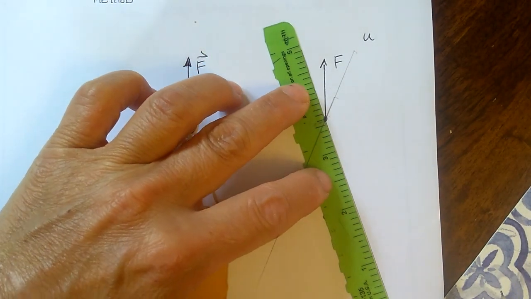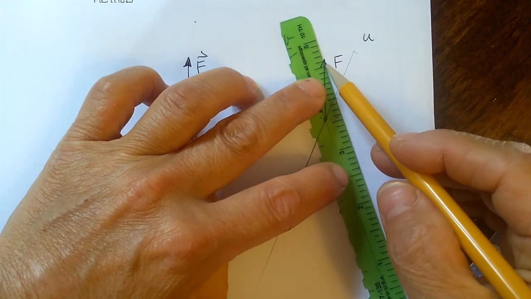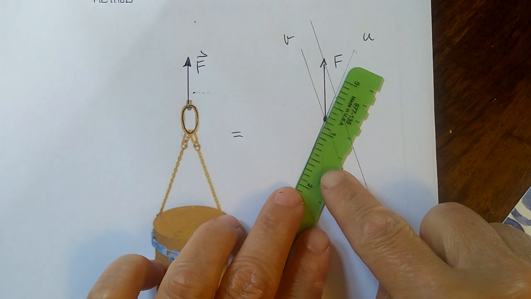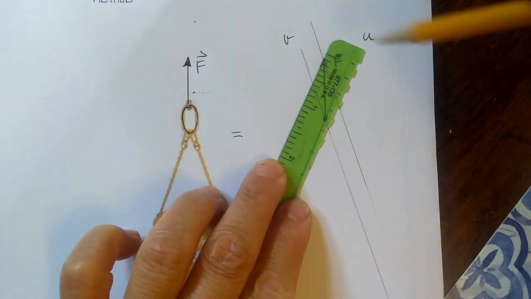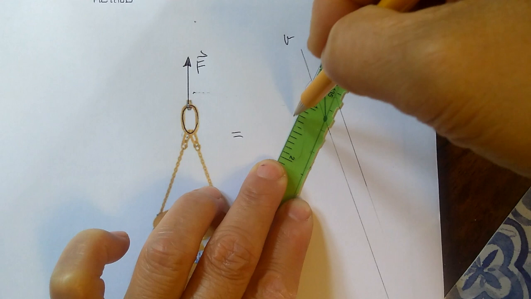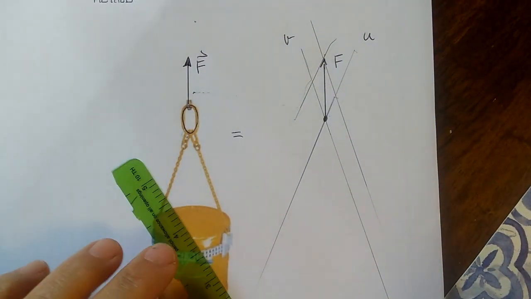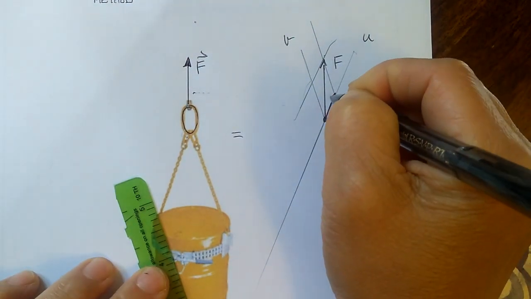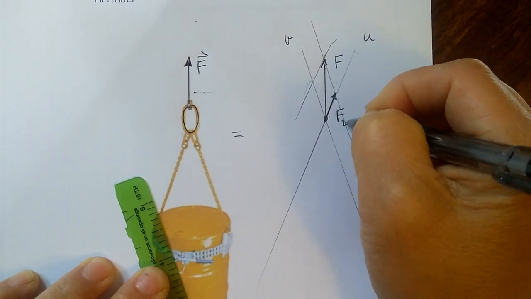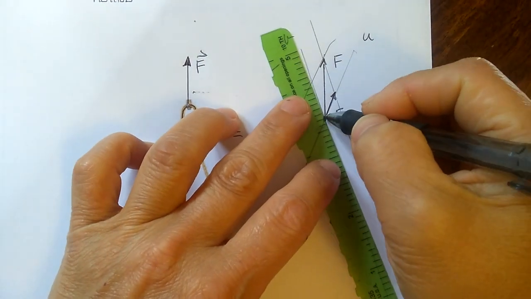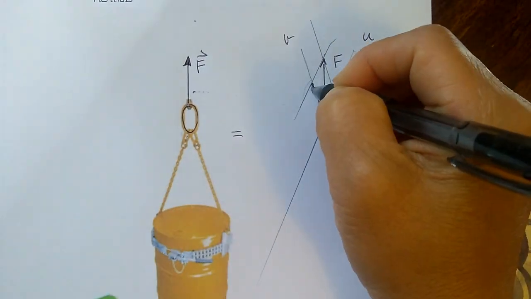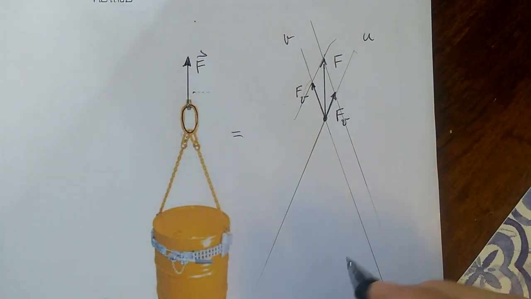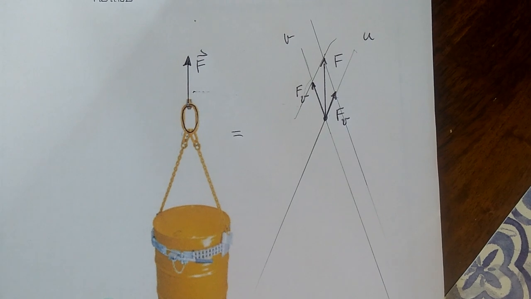We draw a parallelogram such that it's parallel to the V axis, and we draw another side that's parallel to the U axis, and it is this force F along U and this force F along V that acts on these two linkages.